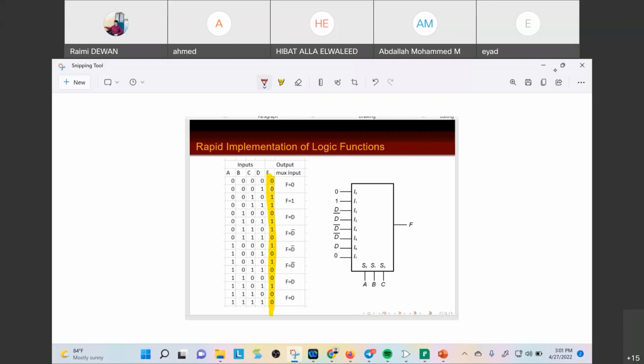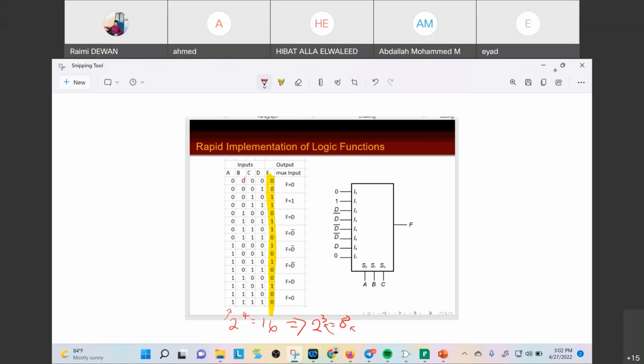So if you see this one is 4, it means you have 2 to the power of 4 equals 16. That means you have 16 data and 4 select inputs initially, but then you try to simplify it. For example, 2 to the power of 3 equals 8, so you have 8 combinational inputs and 3 data selectors. But to do that, you need to do some simplification first.